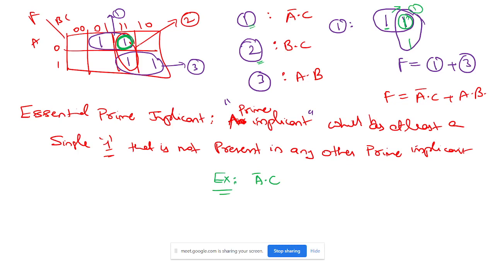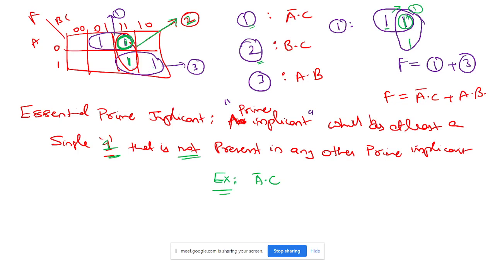But you look at the second one. Does it have at least a single one that is not present anywhere else? You look at this one, this is present in 1 and 2. You look at this one, this is present in 2 and 3.